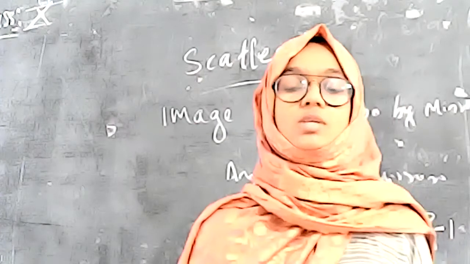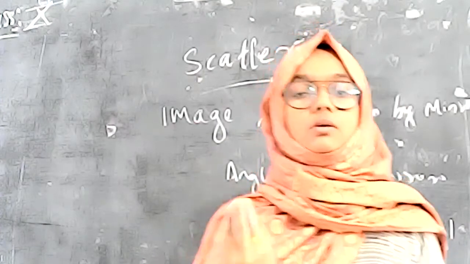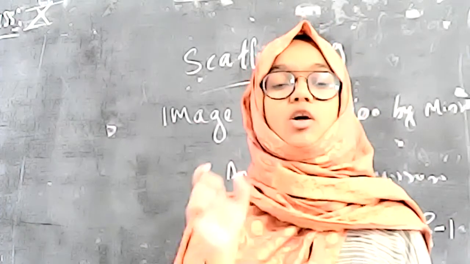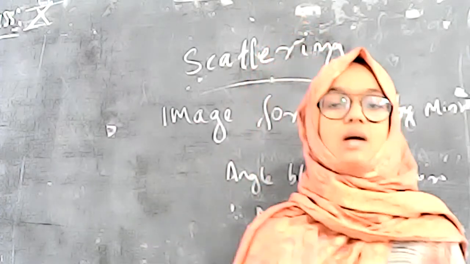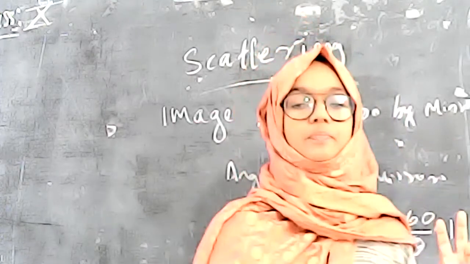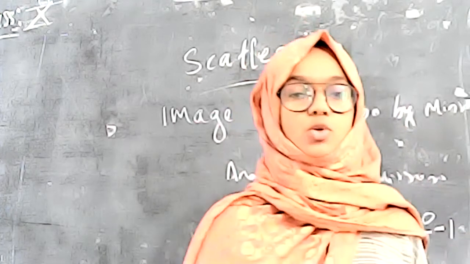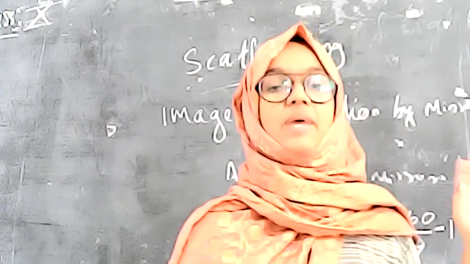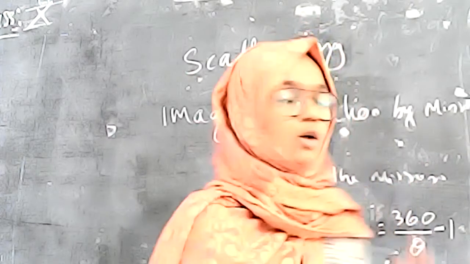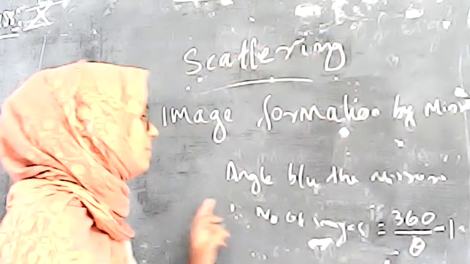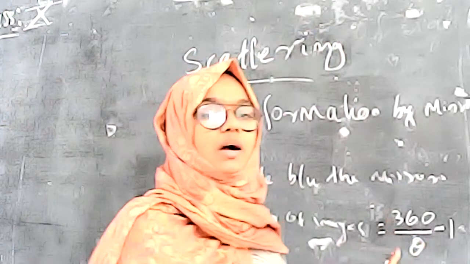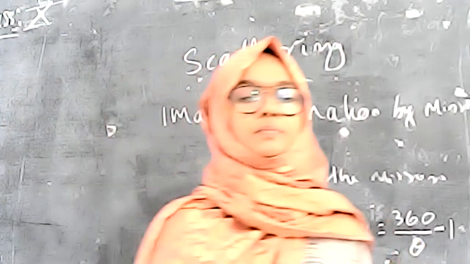So here we are using one more mirror in this case, setting each of the mirrors at a specific angle. Based on the angle between two mirrors, or more than two mirrors, the number of image formations depends on that angle. So based on the angle between the mirrors, the number of images is equal to 360 divided by theta minus 1.